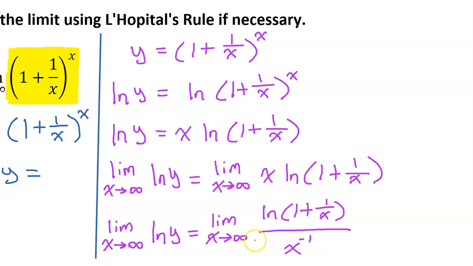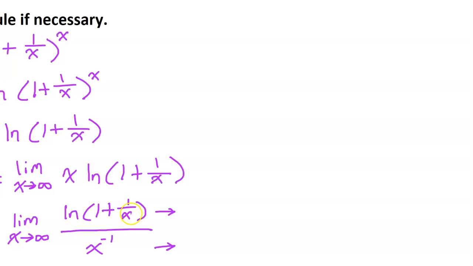In order to use L'Hopital's rule, we need to find out if the numerator and the denominator both approach either infinity or they can both approach 0. If either of those is true, we can use L'Hopital's rule. In the numerator, focus on the 1 over x part.